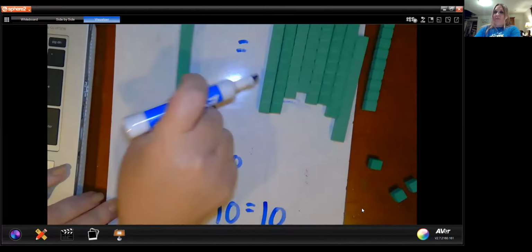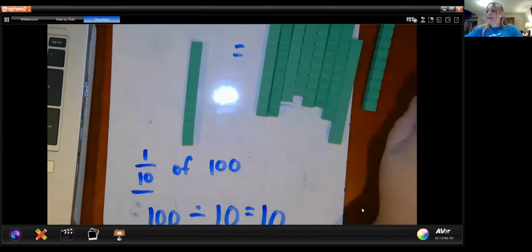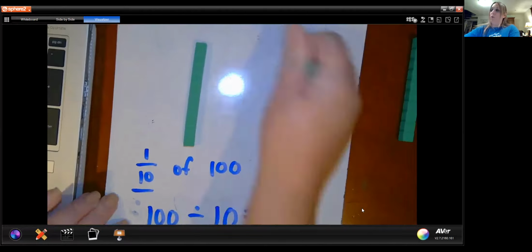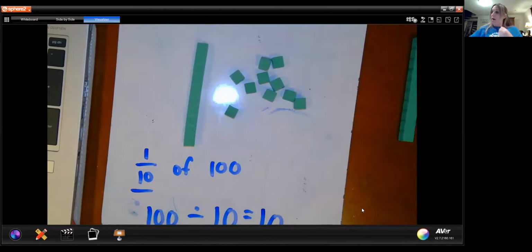Now, what would happen if I divided this long by 10? We're running out of time, but yes, you're right. If I divided that long by 10, or 1/10, I would end up with the number 1.